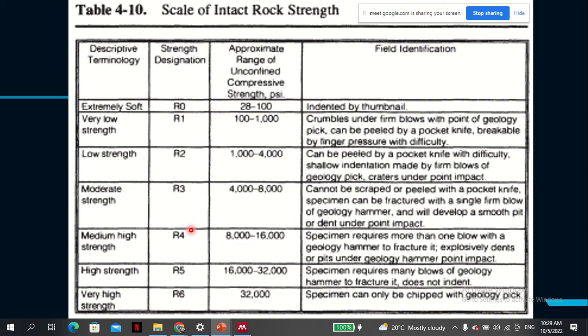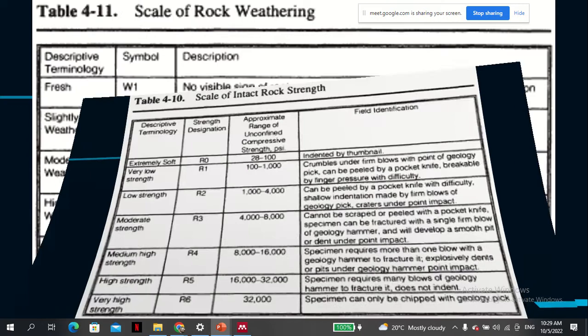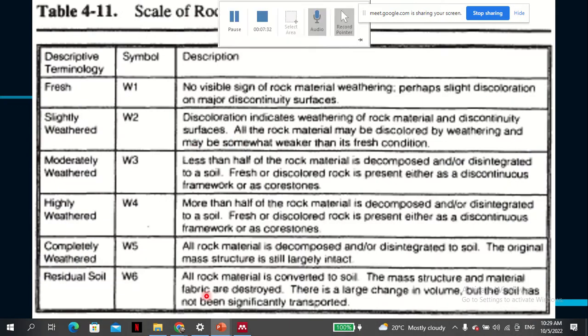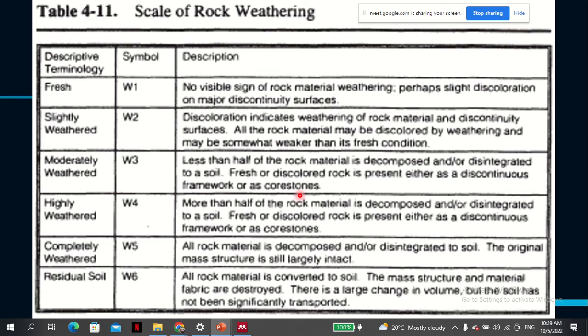When you say moderate strength, everyone in the team needs to have an idea of the range of strength and the possible characteristics of this kind of rock. So again, descriptive terminology for the rating.